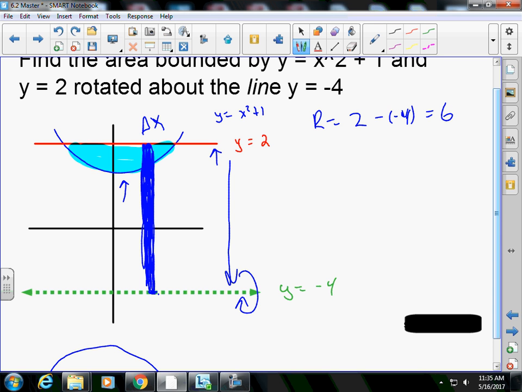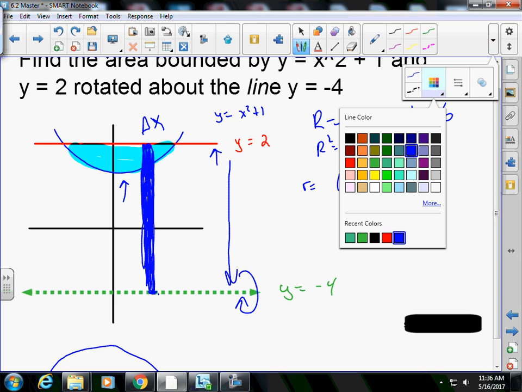So you take the larger number, 2, subtract the smaller number, in this case it's -4, gives me 6, so I get big R squared is equal to 36. So little r is the function x squared plus 1. But again, I'm looking at trying to get rid of something. So my little r, give me a second here.